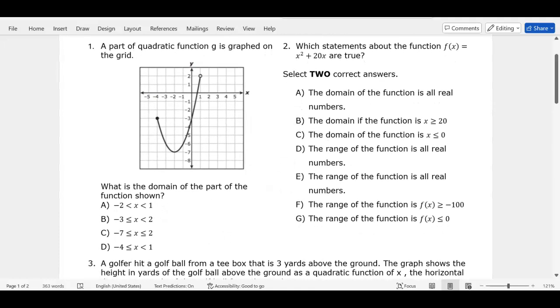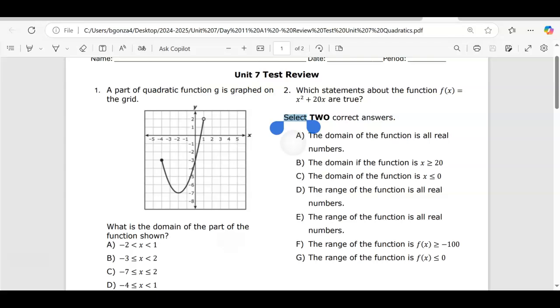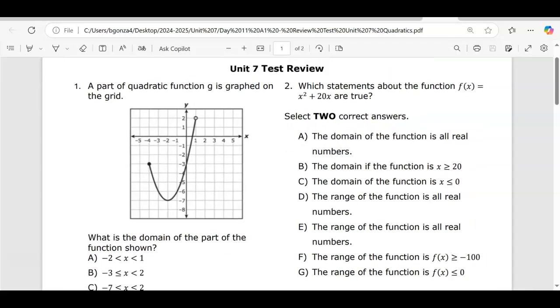Number 1, part of a quadratic function, g is graphed on the grid. What is the domain? So, do we know that domain is x?